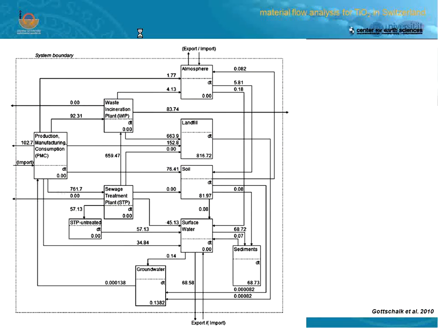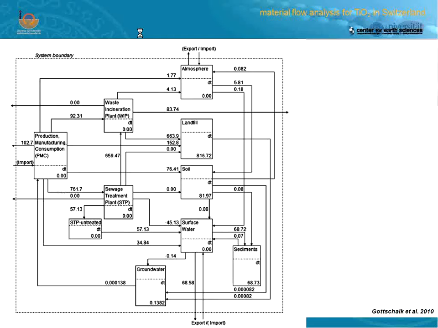But first, let's have a look at results from a group from Zurich, at EMPA in Zurich. They did a network analysis, a material flow modeling of titanium dioxide nanoparticles. They also did it for silver and carbon nanotubes for Switzerland.